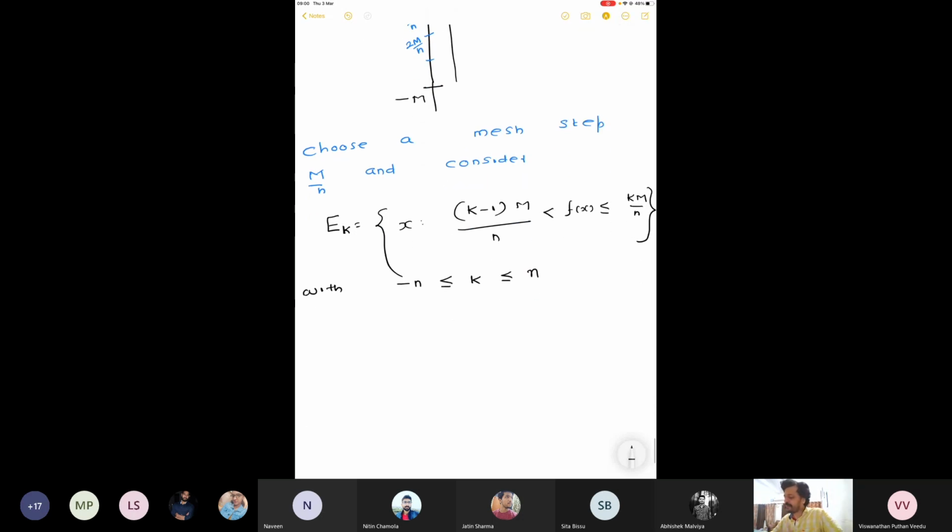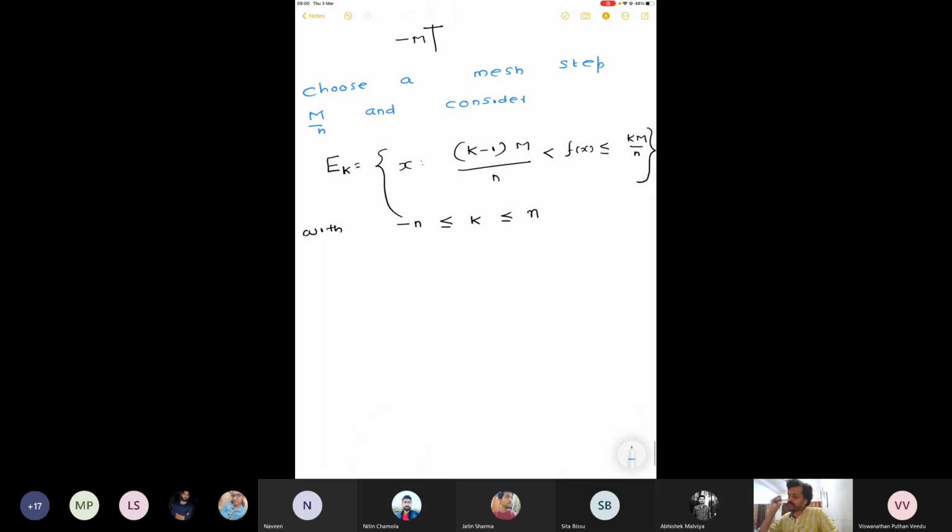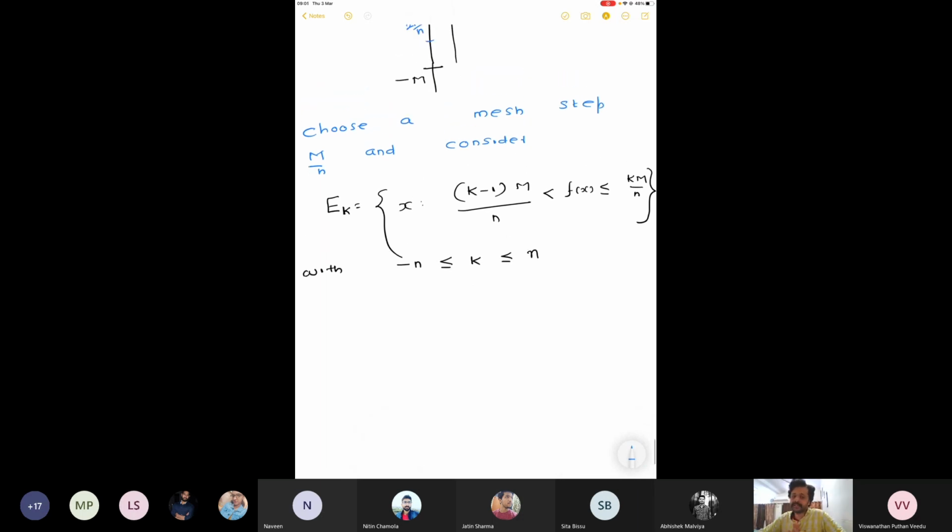Now you have to observe certain facts about Ek. First, do you see that the Ek's are disjoint? Look at Ek. Ek consists of all x in the domain, namely E, such that f(x) lies between (k minus 1)m by n and km by n.